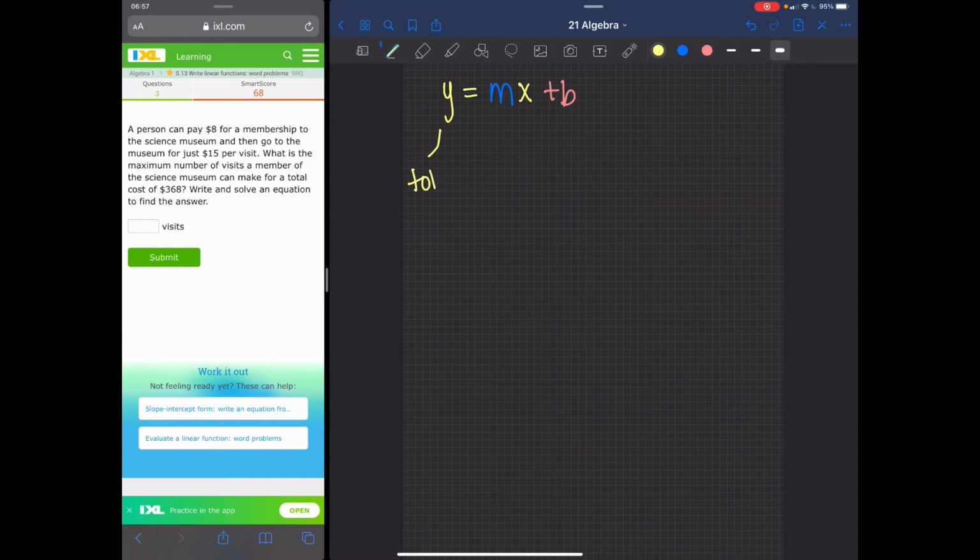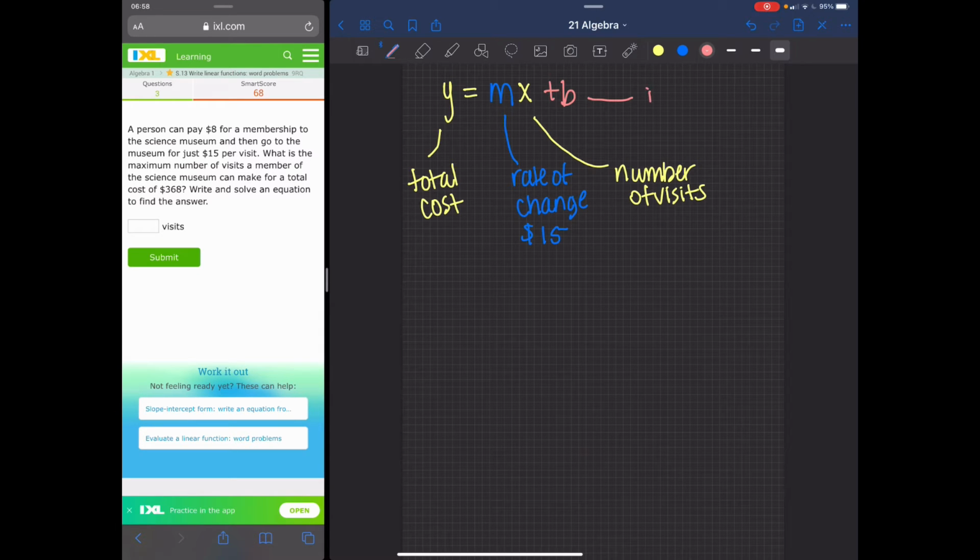So this is my total cost. I know that my rate of change is going to be the $15 because it's $15 per visit. And I also know that the number of visits is going to be x. And then we know that the initial amount that this person paid for the membership is going to be $8.